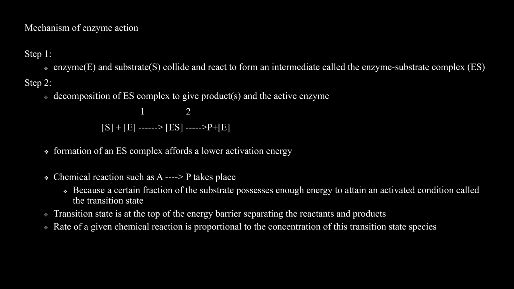The ES complex produces product and enzyme, and formation of the ES complex affords lower activation energy. A chemical reaction A to B takes place because the substrate reaches the energy needed to activate it, a condition called the transition state.